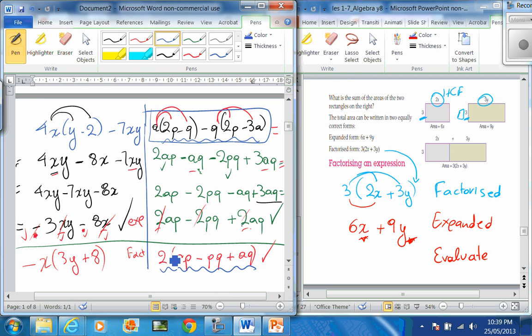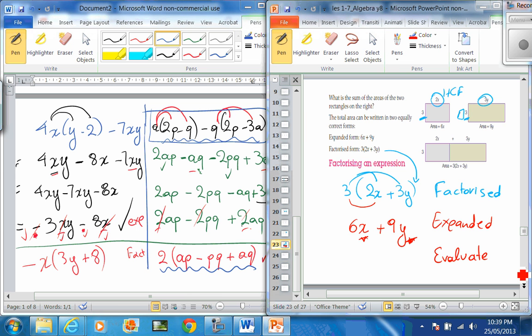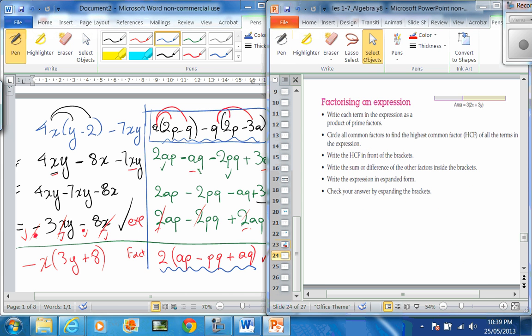I may need to cancel, I may need to simplify. And here I can't simplify anything, it doesn't look like it. Okay? But here I can simplify the two. We'll see. Sometimes I may get rid of all of this. And this is why algebra is magic. I'm not calling it algebra, I'm calling it al-magic. Let's go and see the next one I want to discuss.